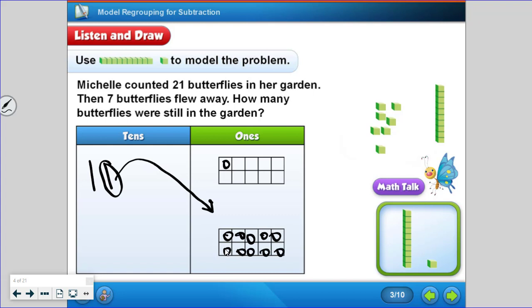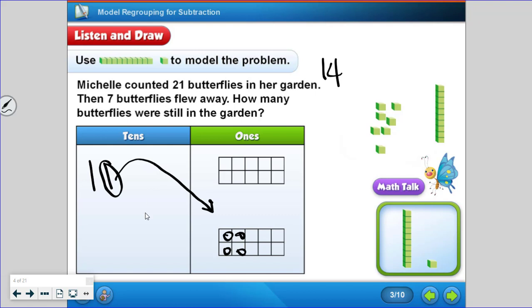I'm going to regroup those into ones, and now I can take away 7 ones. 1, 2, 3, 4, 5, 6, 7. I took away 7 ones, and so just like the first problem, now I have 10, 11, 12, 13, 14. So there are 14 butterflies, right, left in the garden.